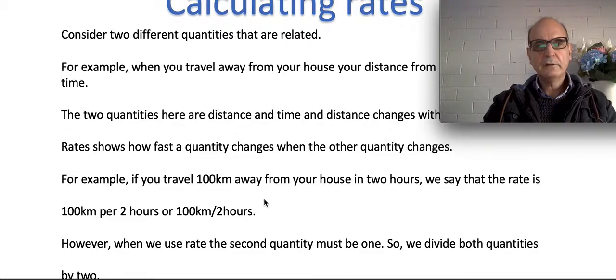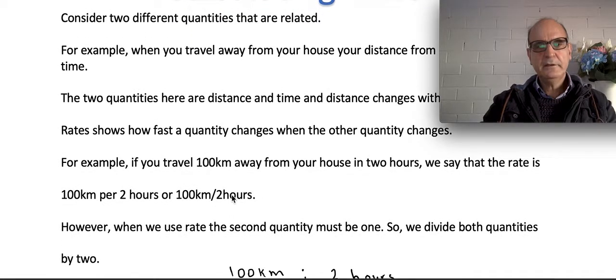You traveled 100 kilometers in 2 hours. So we say that the rate is 100 kilometers per 2 hours. There is another sign we use for per, so rather than saying per, we use this sign. So 100 kilometers per 2 hours.